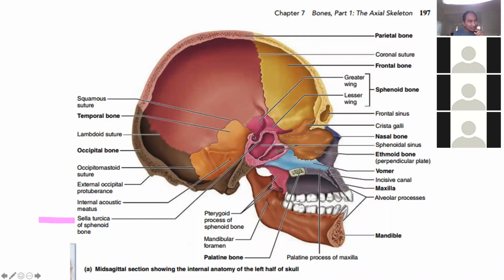In this little socket, we have our pituitary gland. So pituitary gland, I believe, if you are doing physiology, you will have to study about, when we talk about the endocrine system, pituitary, we have to talk about. Pituitary gland is important. It is just like a small little piece, like a peanut.